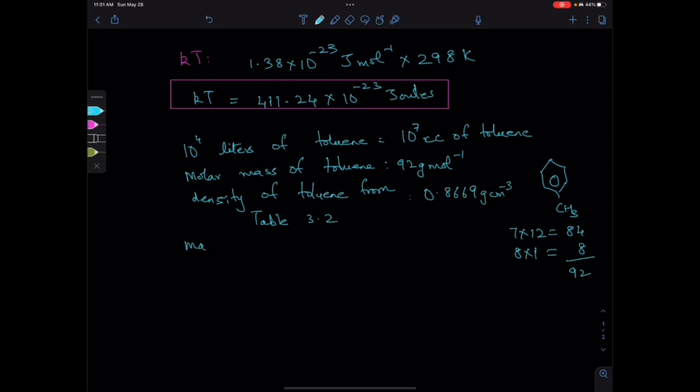So mass of toluene is density times the volume, so it's 0.8669 grams per centimeter cube times 10 to the power 7 centimeter cube, which is 10 to the power 7 times 0.8669 grams.